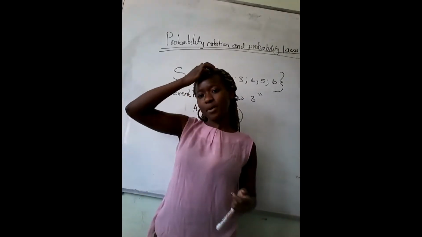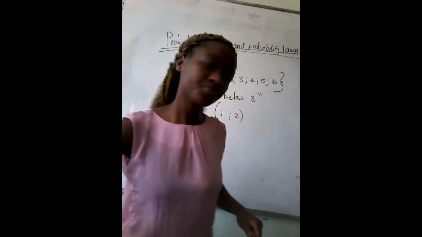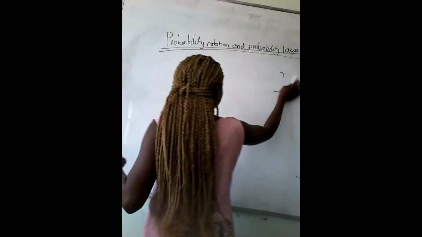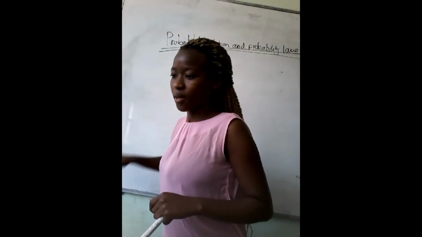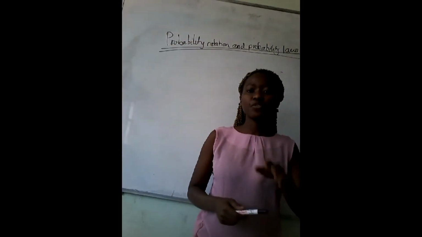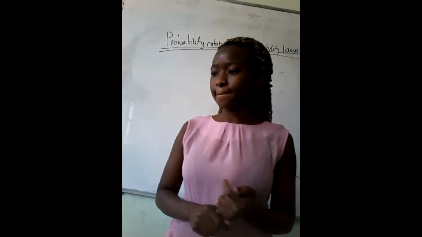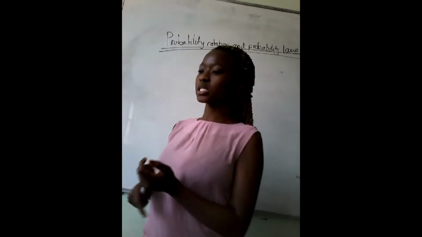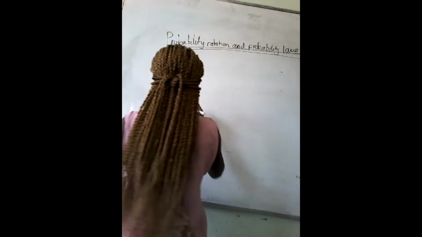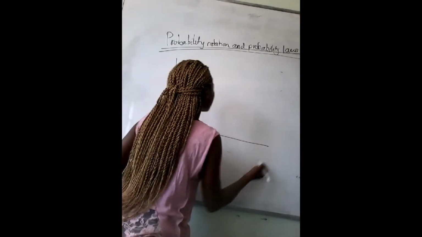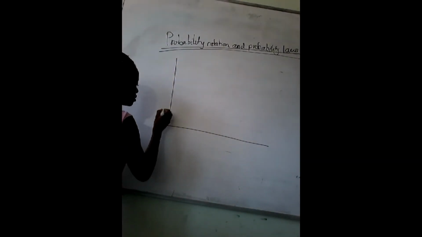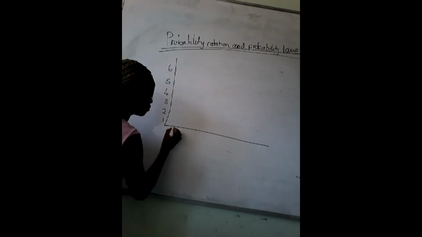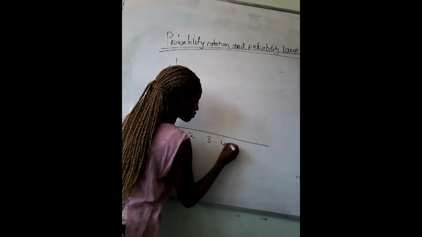So for another example, if we throw 2 dice, there are 36 possible outcomes shown by dots in the possibility space. Let me show you like this. Here we have 1, 2, 3, 4, 5, 6, and 1, 2, 3, 4, 5, 6.